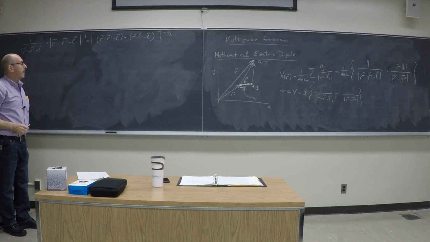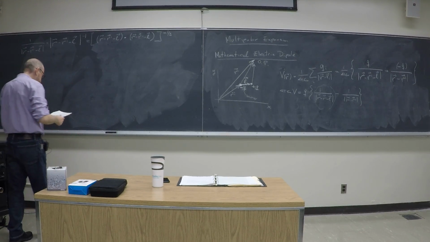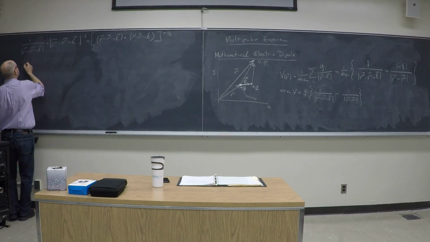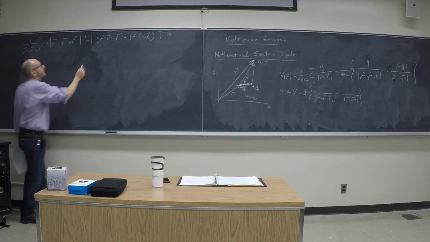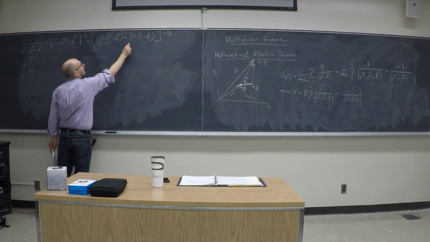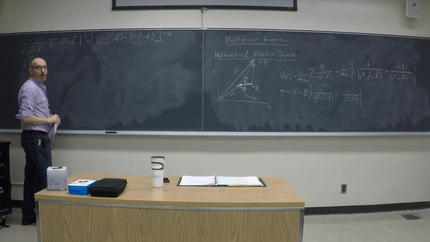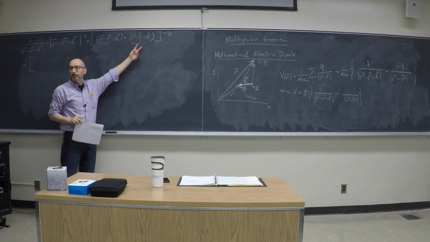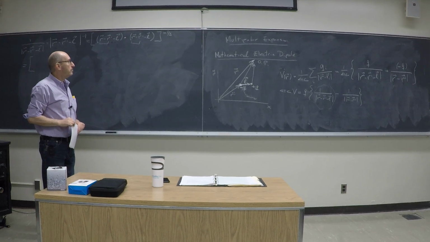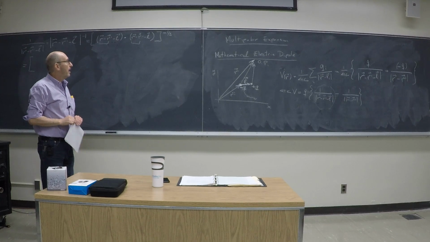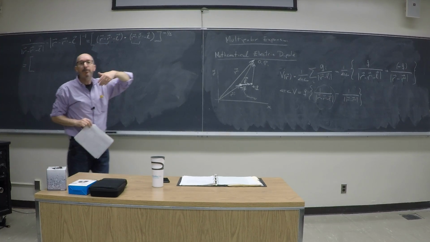And now we work it out. I can take r minus r prime all together. You see? In a second I will justify why I'm taking r minus r prime, and not doing three terms by three.